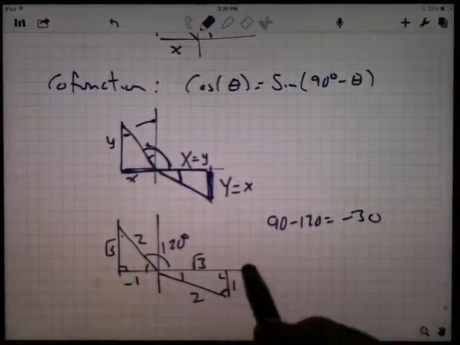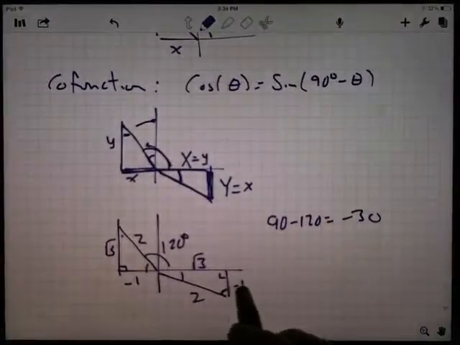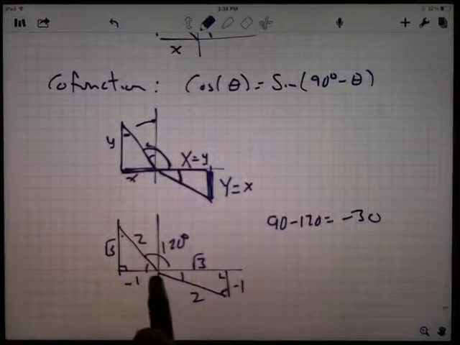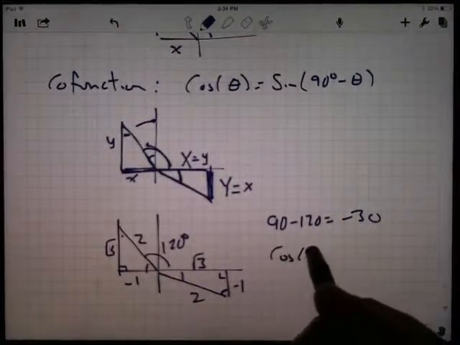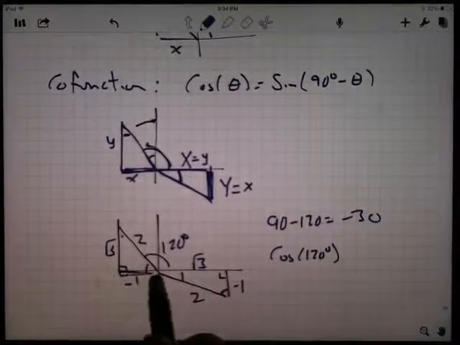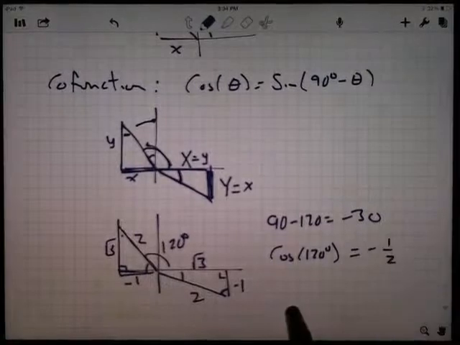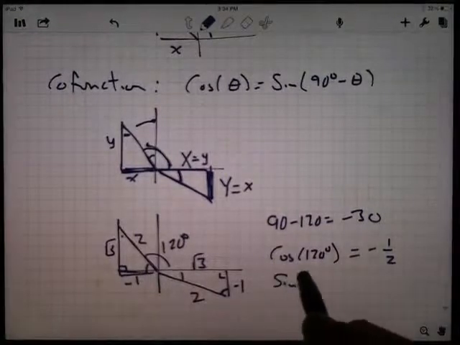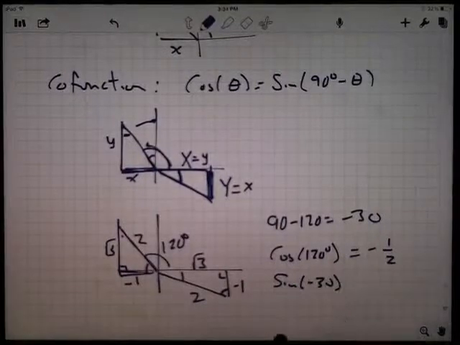But here the y coordinate is negative, so let me give myself a little bit more room to put the negative sign in there. When I look at the cosine of 120 degrees, that's going to be x over r, so negative 1 over 2. When I look at the sine of the complementary angle, negative 30, that's going to be the y coordinate here over r.